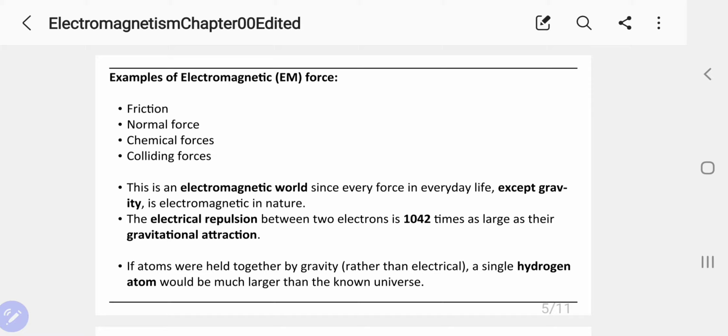The electrical repulsion between two electrons is actually more than 1,000 times as large as their gravitational attraction. If you can imagine it, if atoms were held together by gravity, a single hydrogen atom would be much larger than our known universe. That's how strong electrical force is compared to gravity.